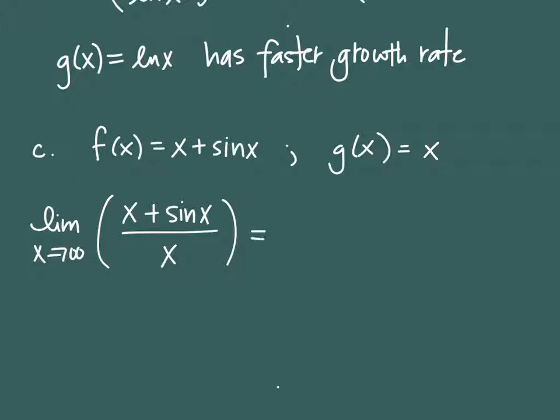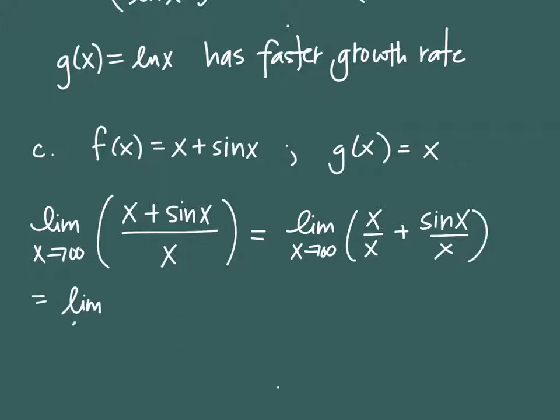I don't need L'Hopital's rule for this. I can just use some algebra. So I can split up x divided by x into common denominators and sine of x over x, which simplifies to just 1 plus sine of x over x. So 1 is a constant, and the sine of x over x has its own limit value, which we proved way back in August.